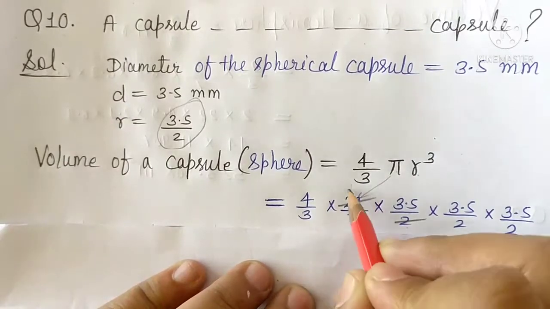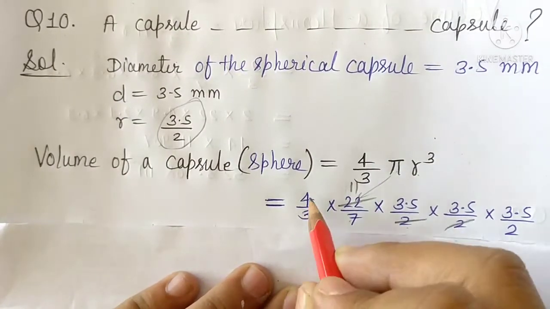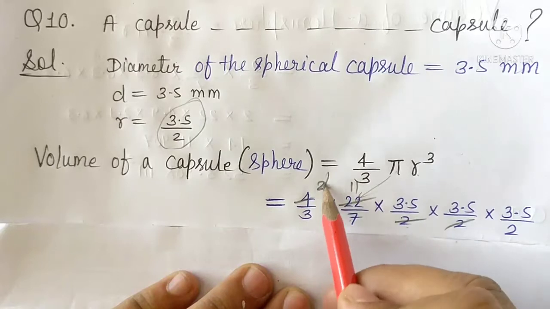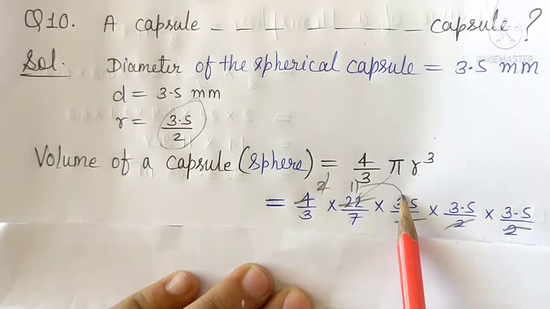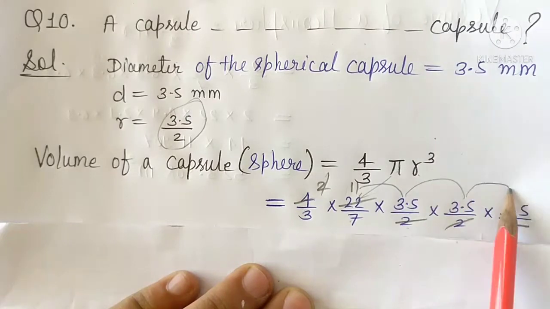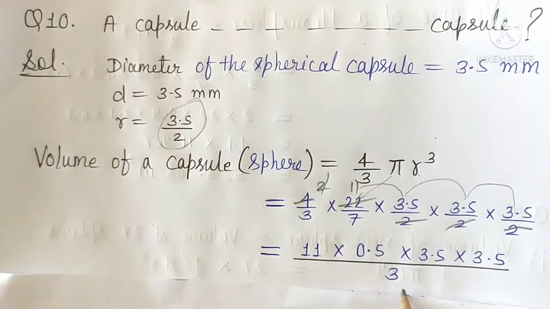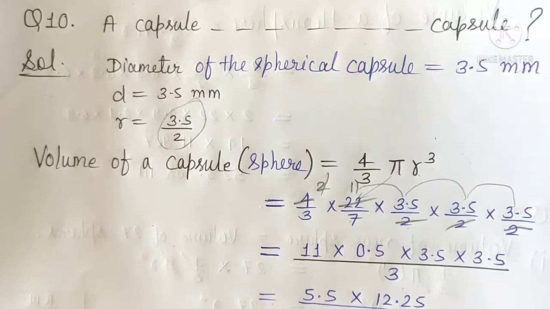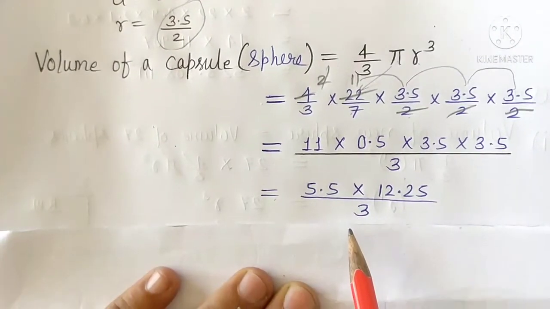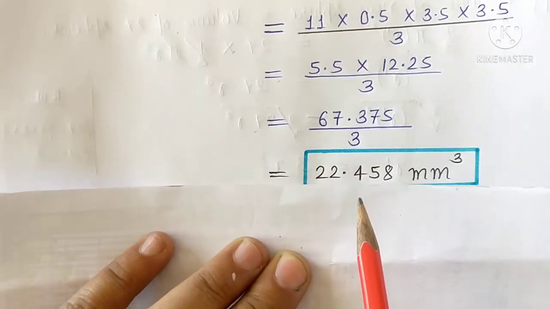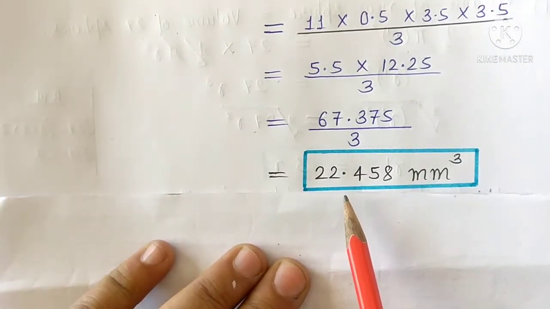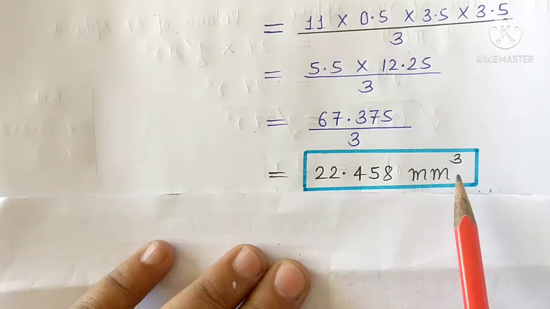Now 2 11s are 22 and 2 2s are 4, and from this 2 we can cut this 2. So what is left? 11 multiplied by 3.5 multiplied by 3.5 multiplied by 3.5 upon 3. So what answer came? 5.5 into 12.25 divided by 3. So the answer came 67.375 upon 3, which will come to 22.458 millimeter cube.